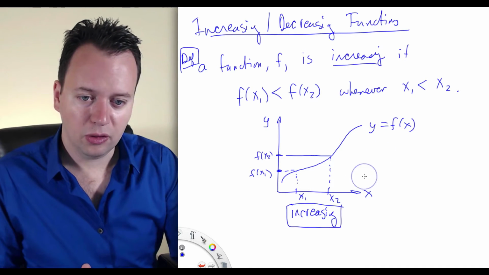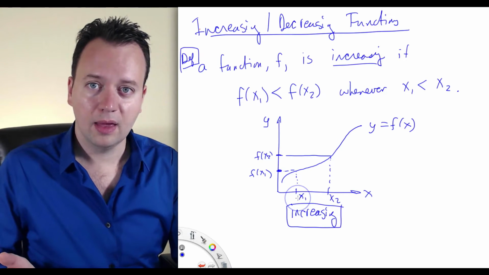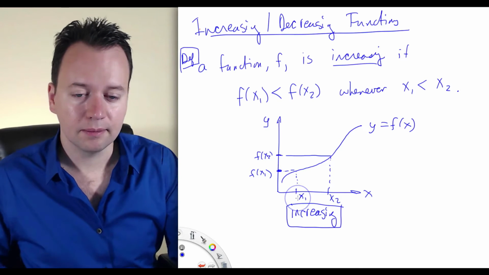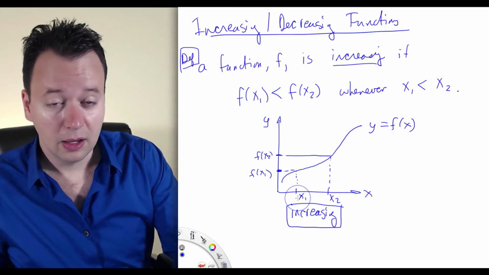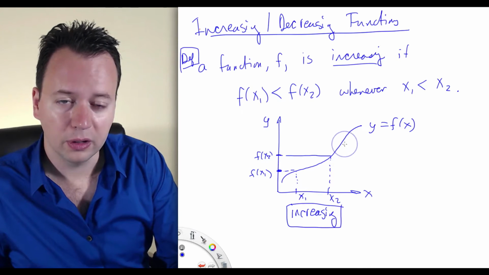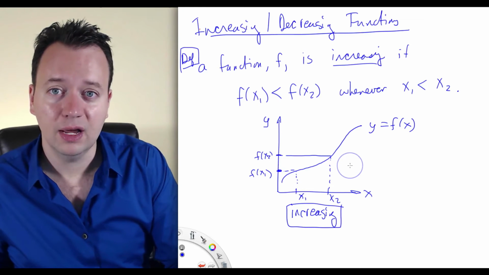The output at the larger point has to be greater than the output at the smaller point, and that's an increasing function. Increasing functions grow, or move upward, as you move left to right. This would be a typical graph of an increasing function.